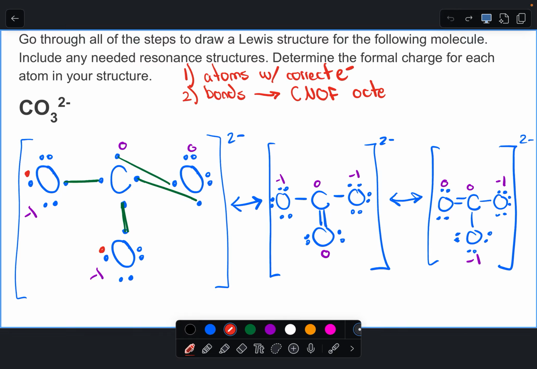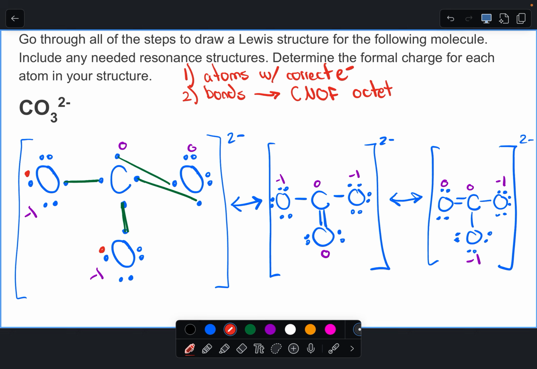Okay, and then for today, we're going to talk about the exceptions to the octet. So there are a couple that will underfill, meaning they won't have a complete octet, and then there's some that will overfill, like they could have an octet or they could have more than that.